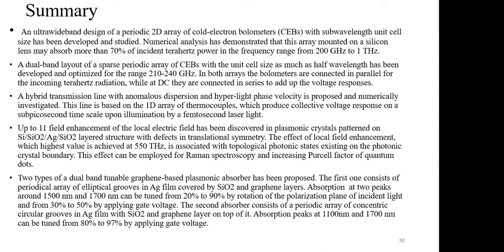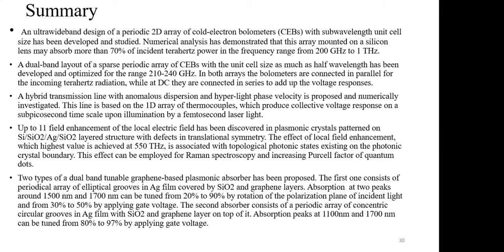And I showed you a hybrid transmission line also with anomalous dispersion and hyperlight phase velocity, where the purpose of this design was to measure the voltage based on a femtosecond laser of light, and we can generate terahertz radiation.